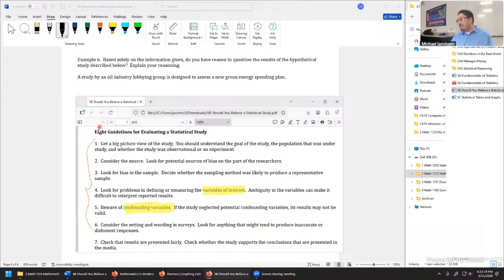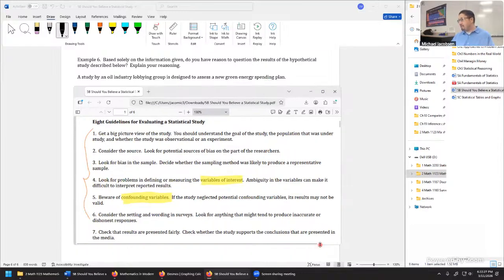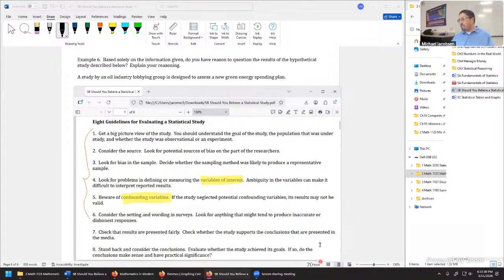Let's see what we can tie down amongst the 8 guidelines. I'm showing 7. Let me try again. Among the 8 guidelines that we see here, I would say probably the biggest one that stands out would be the source. The source of this study being an oil industry lobbying group assessing a green energy plan is a major problem. That's a potential source of bias from the very researchers themselves.